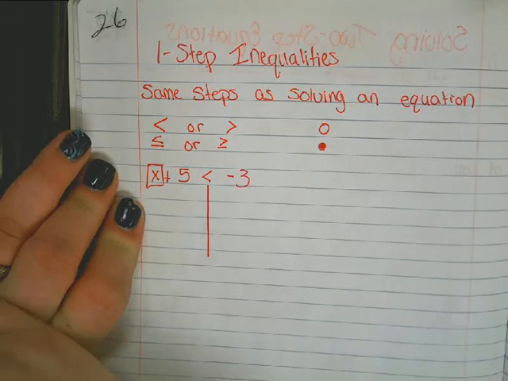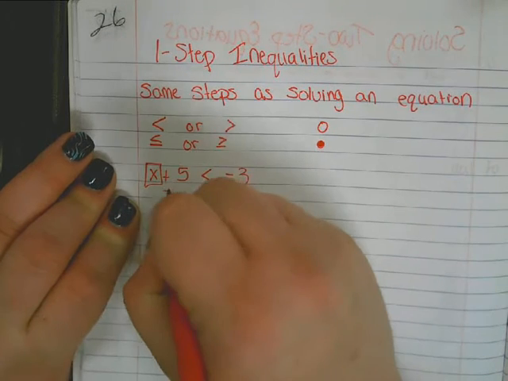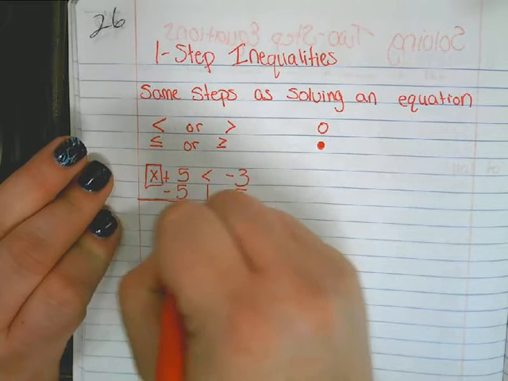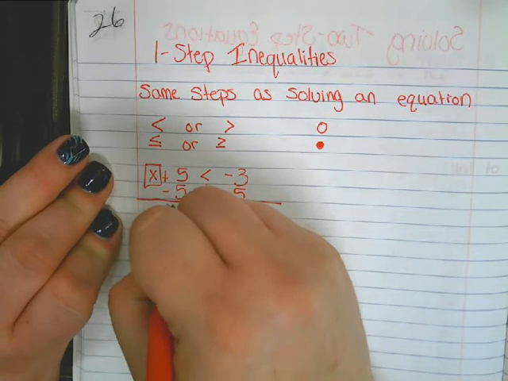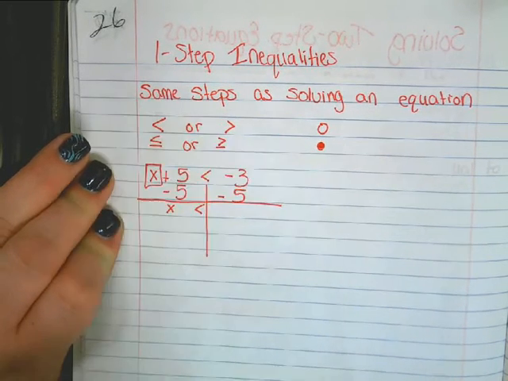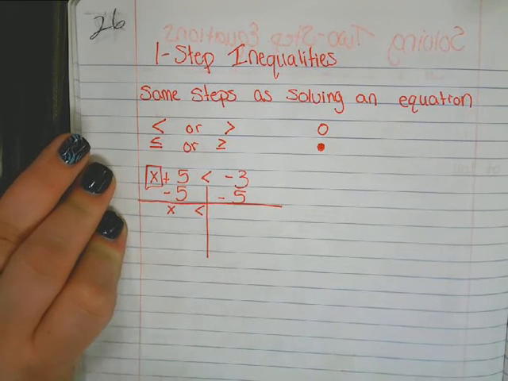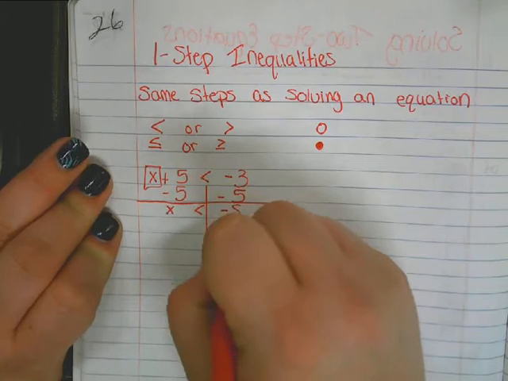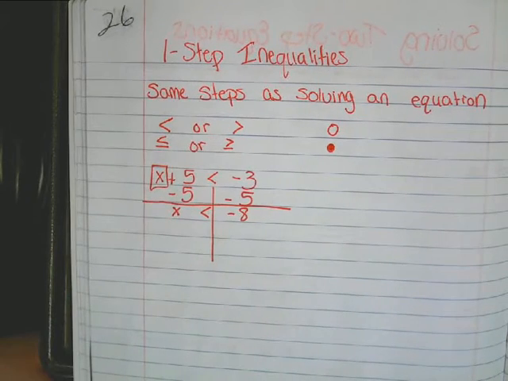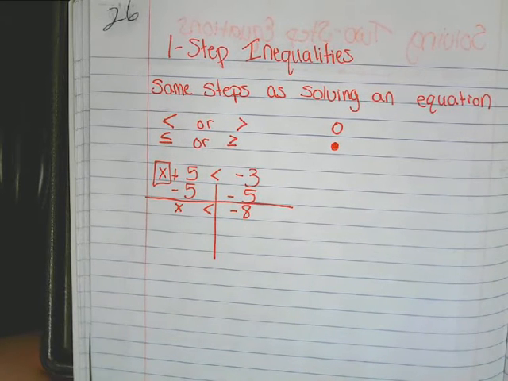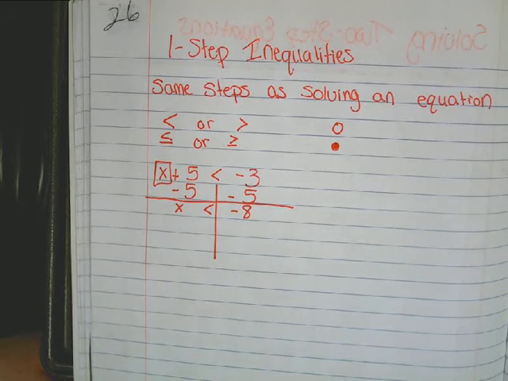Subtract 5. So I'm left with x is less than 8. Positive or negative? Negative 8. How is it 8? Because negative 3 minus 5, rules of integers: same signs, add them.